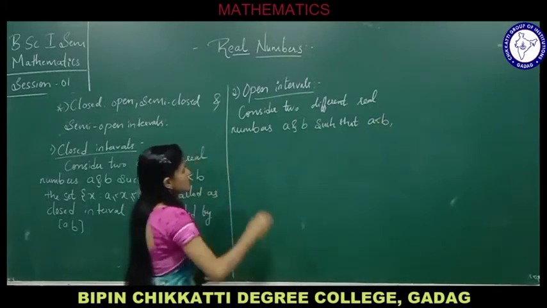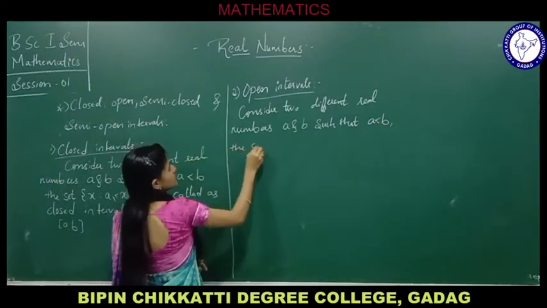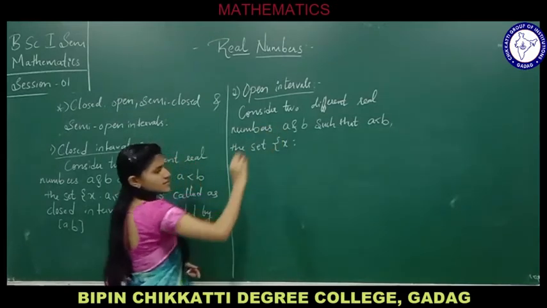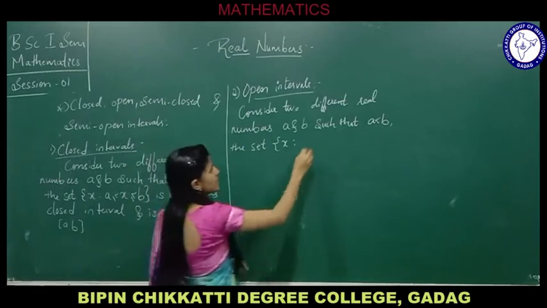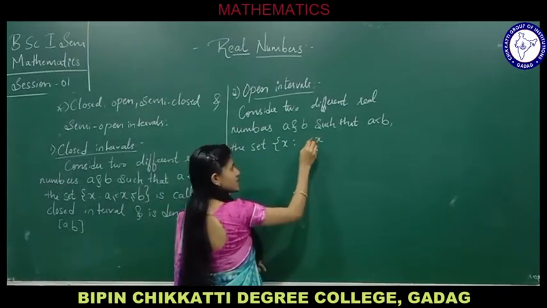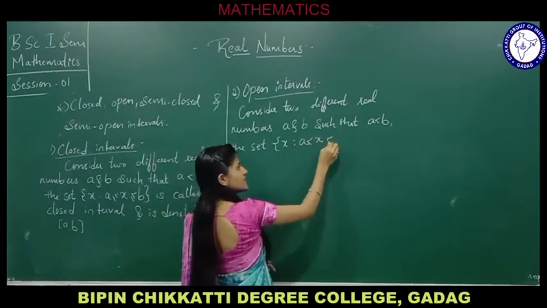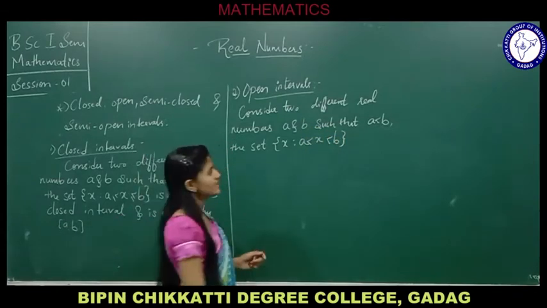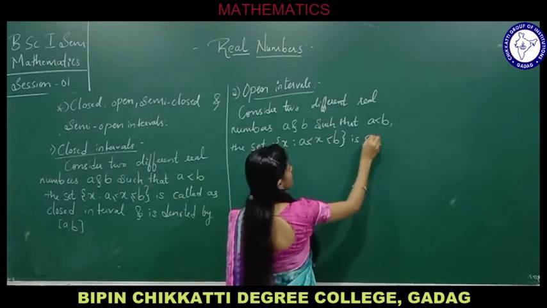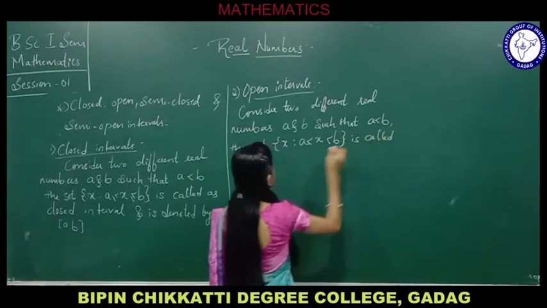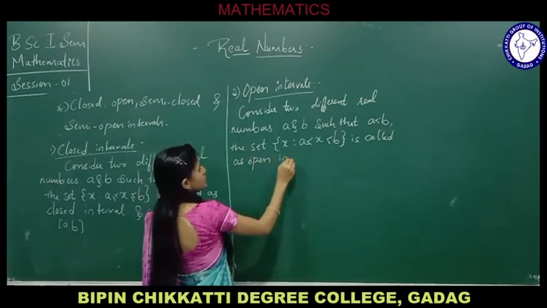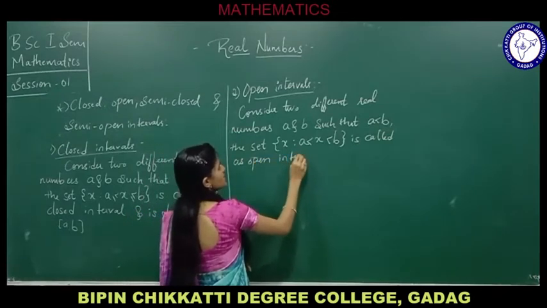The set of x such that x is strictly greater than a and strictly less than b, we call it an open interval.